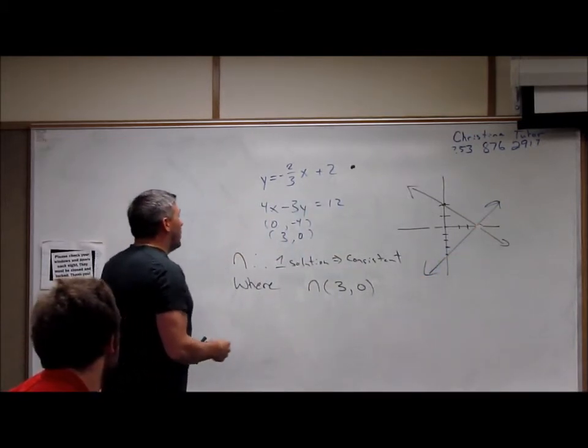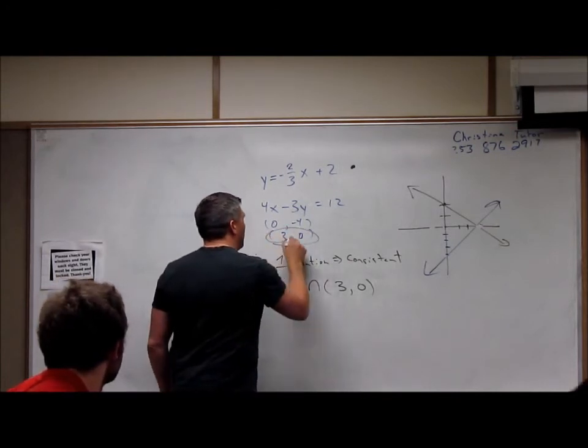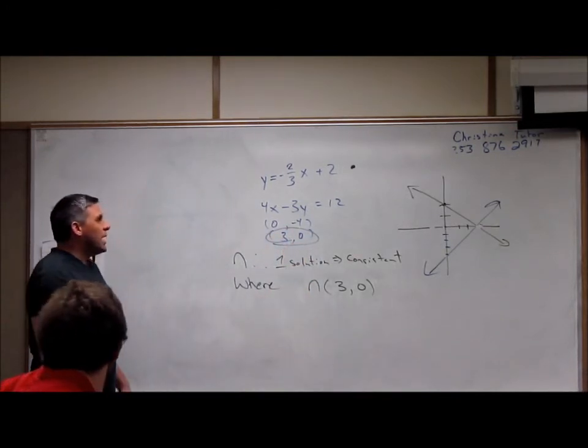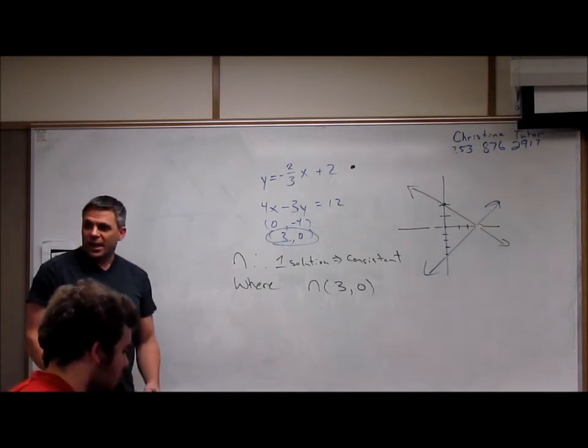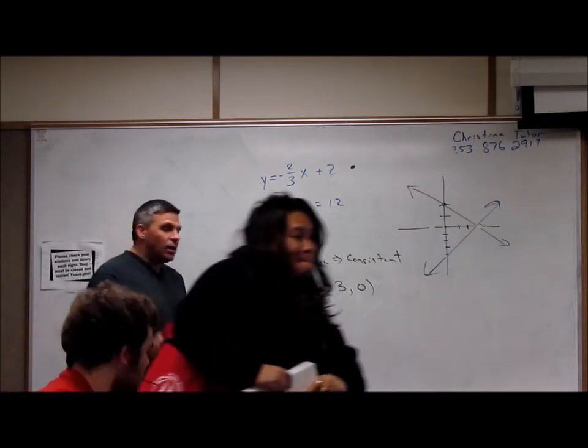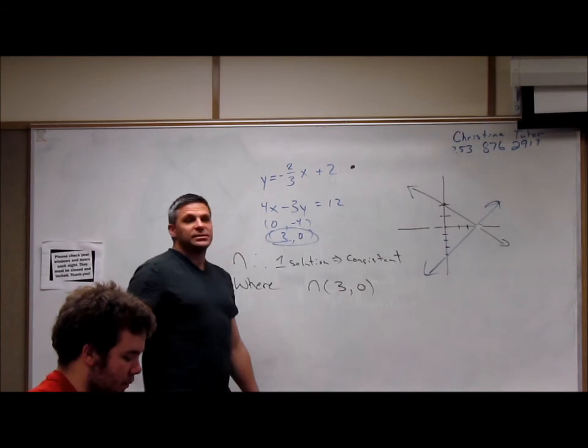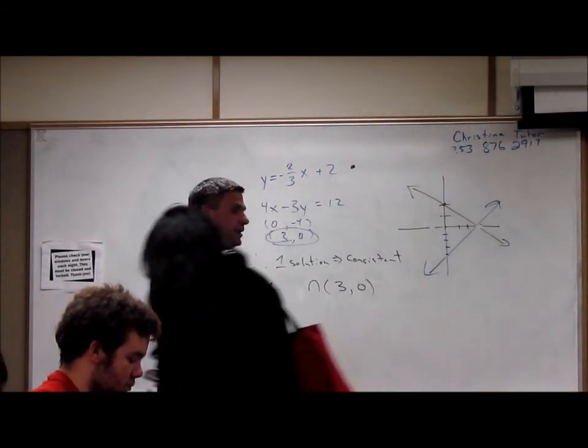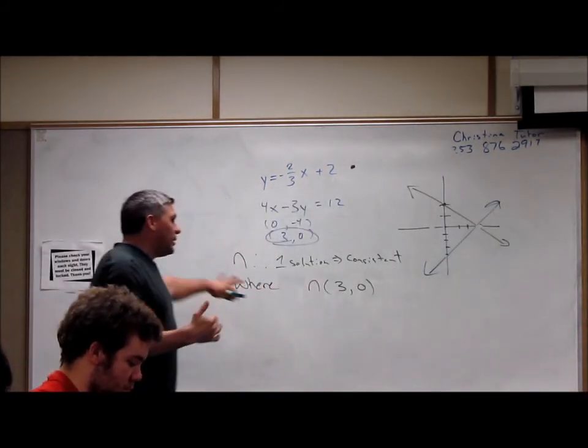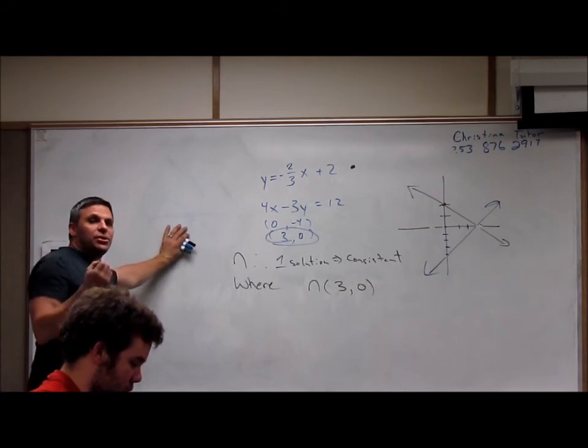So we were able to see that they both go through this point at 3 on the x-axis. So I know my intersection is on the x-axis at 3. Okay? So I answered the question using a graph.